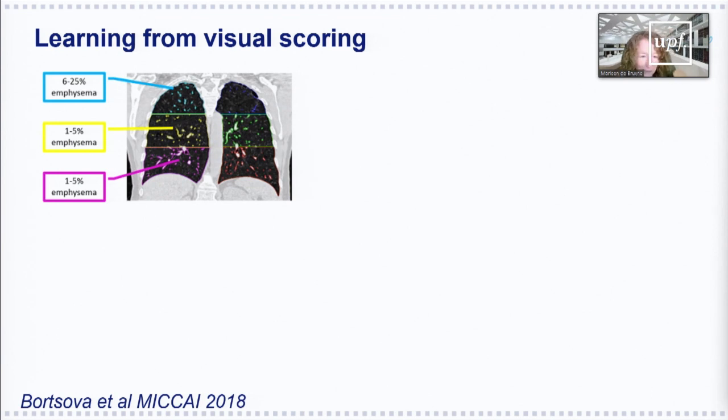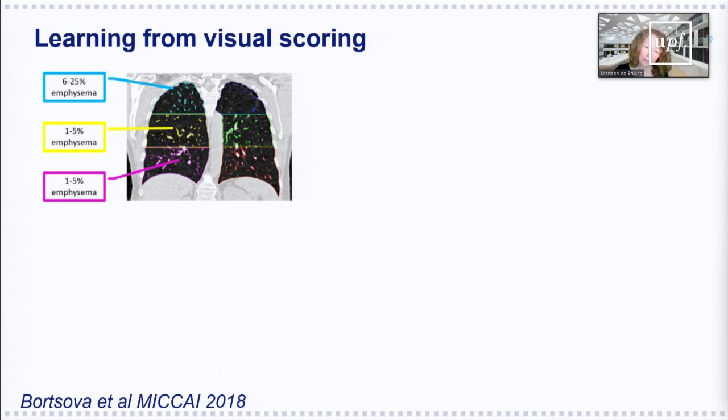It's still really time consuming, and there's a large variation between observers. So this is not done standard in clinical practice, but it is done in some large clinical studies. For instance, in the Danish lung cancer screening trial, where we have access to the data.